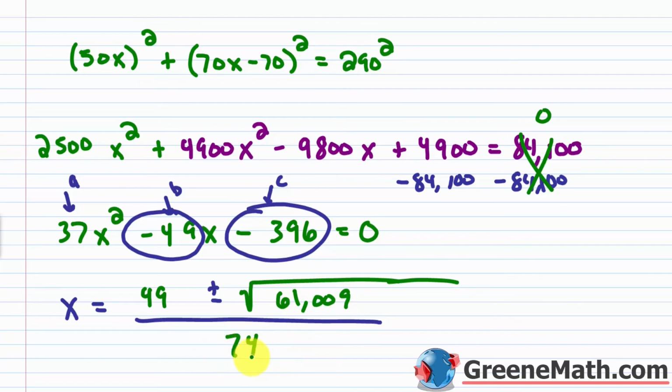All right, so what is the square root of 61,009? Well, if you punch that up on a calculator, you're going to get 247. So let's erase this and put 247. Now, we have two cases here, but you're going to see that one of the cases ends up being nonsense. Remember, we're solving for x, which is the amount of time that, in this particular case, Larry's going to drive for before the two cars are 290 miles apart.